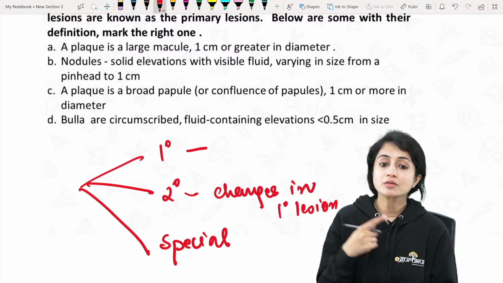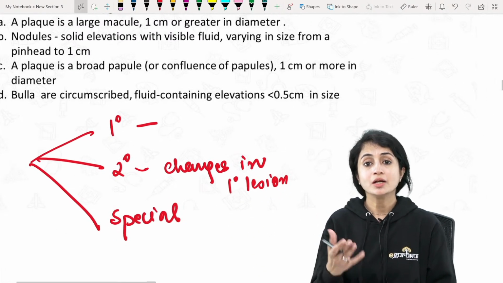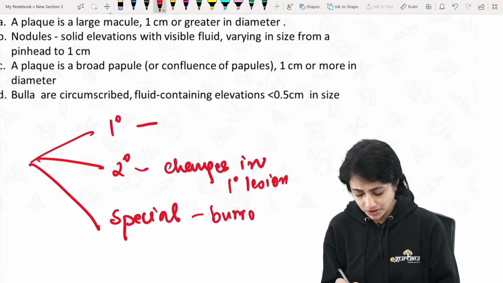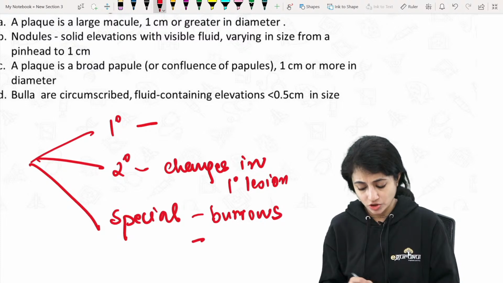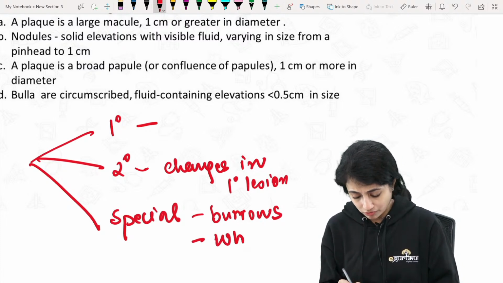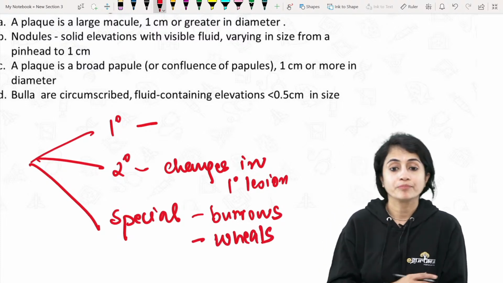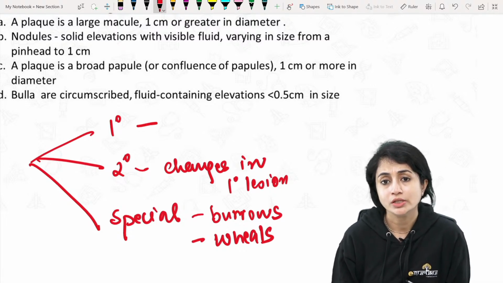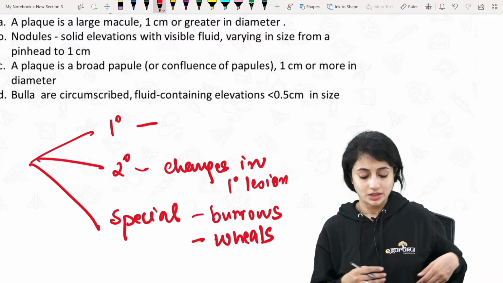And then there are some special lesions. Special lesions are, like I just talked about, burrows, which are seen in scabies, and wheals, which will be seen in urticaria. So my skin lesions are broadly divided into these three categories: primary, secondary and special skin lesions.